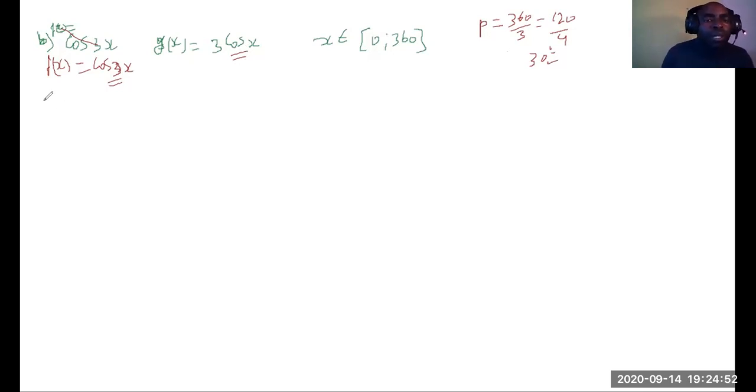Now, let's make our table. This will be a long table. Here we have got x, then here we have got the f, and here we have got the g. So we move here, 30, 60, 90.